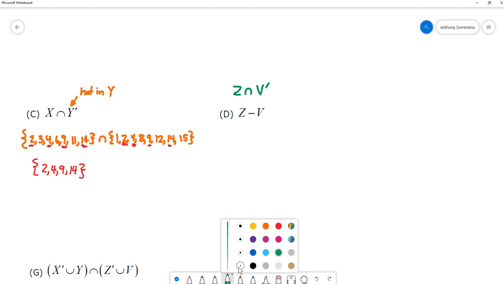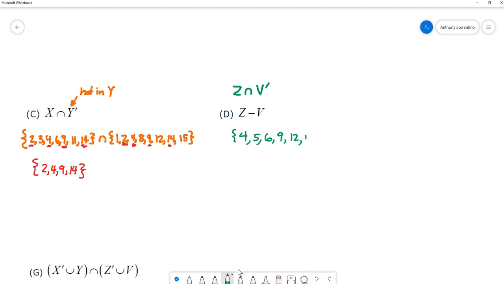So these would be the same thing. So when I start with Z, and I'm subtracting anything that might be in set V, which is 1, 5, and 12.